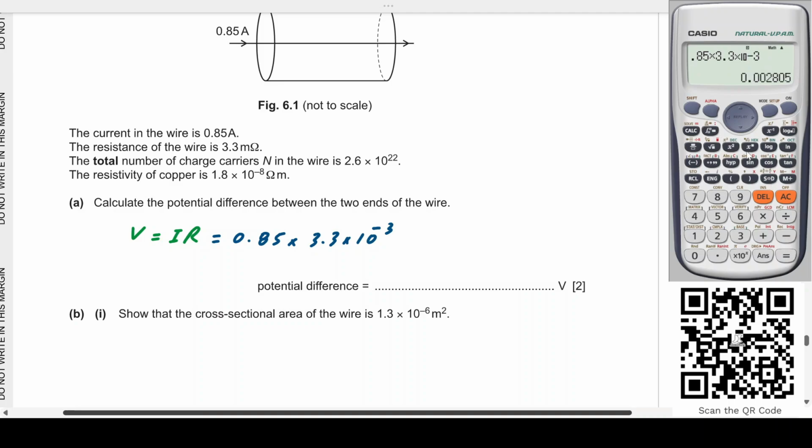So I get 0.0028, or in 2SF, you can also write it in scientific form, 2.8 into 10 power minus 3.